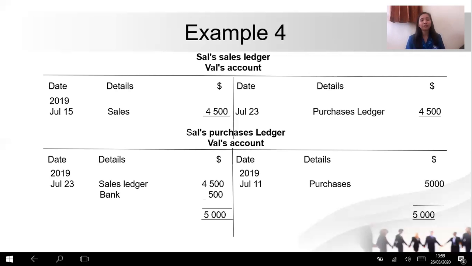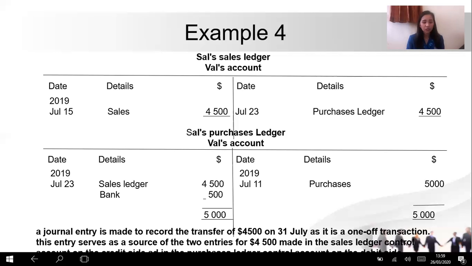And the third type of question is called set off. Sometimes we have the same customer and the same supplier, so we just add or decrease the difference between them.